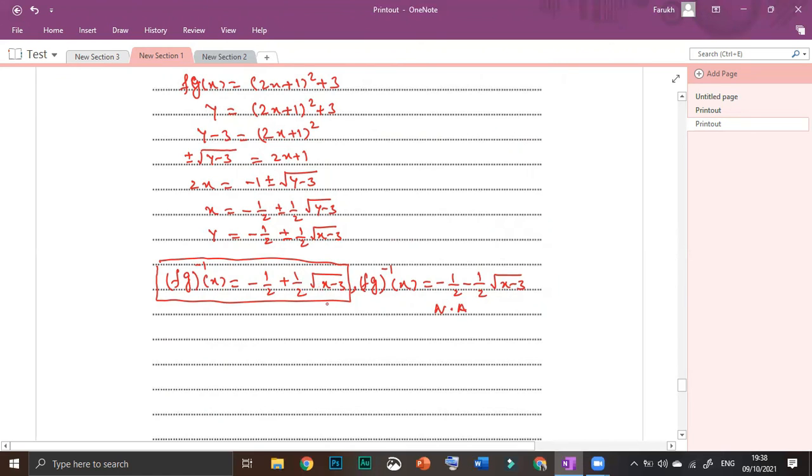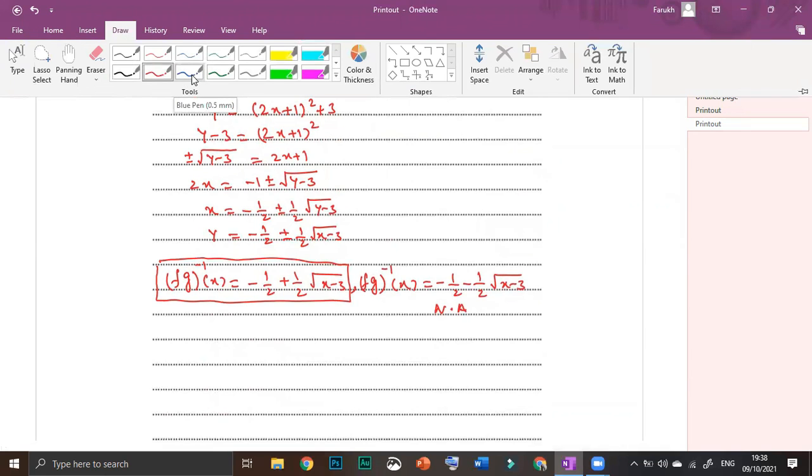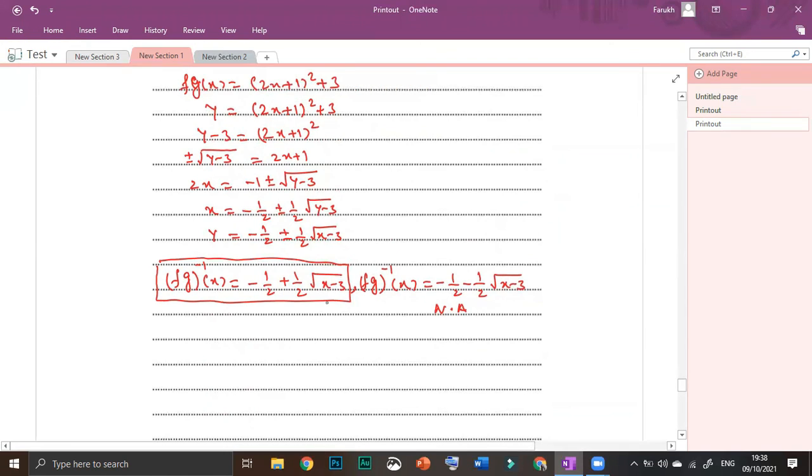We cannot put a value less than 3 into this expression, because if we put a value less than 3, that is 2, then we will have under root minus 1, which is a complex number and not acceptable.